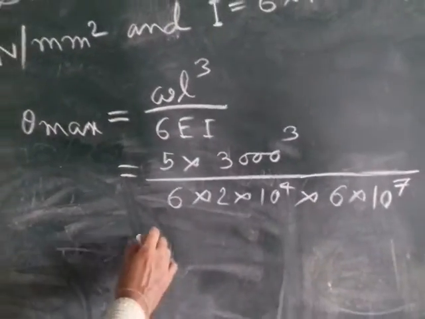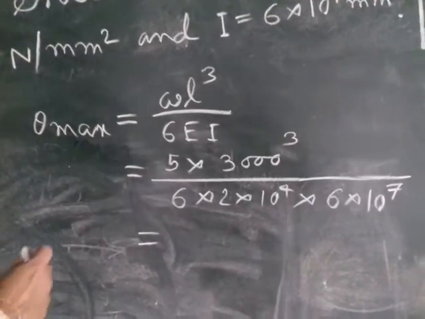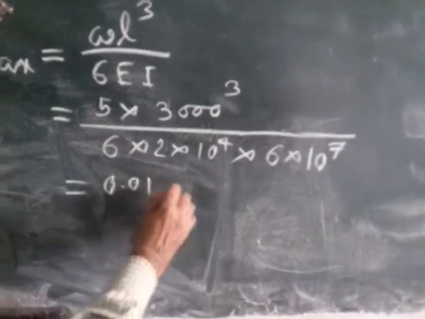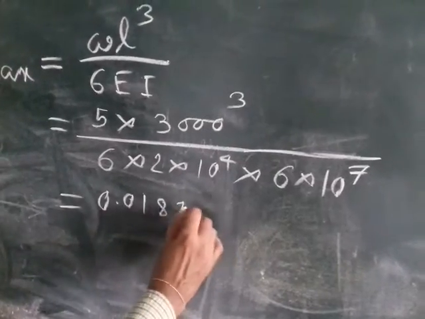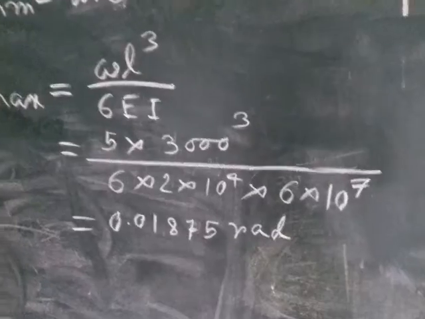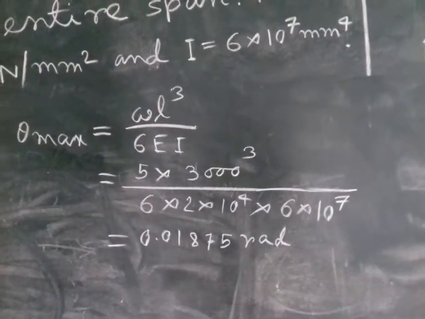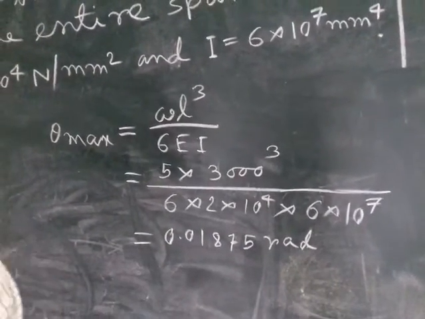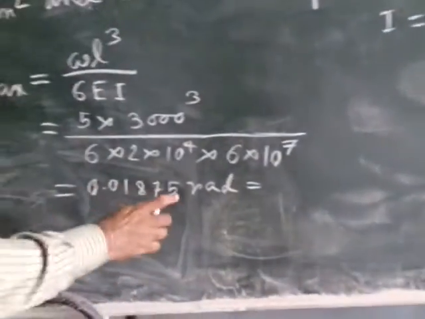Calculating, we get the value as 0.01875 radian. As we know, the unit of theta, that is slope, is radian. So this is in radian, 0.01875 radian.